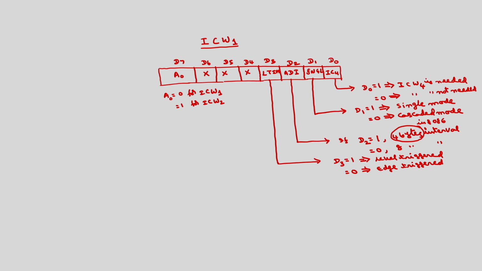Then coming to the second initialization command word, ICW2. The format of this ICW2 is also an 8 bit register, D0 to D7. D0, D1, D2, D3, D4, D5, D6 and D7.